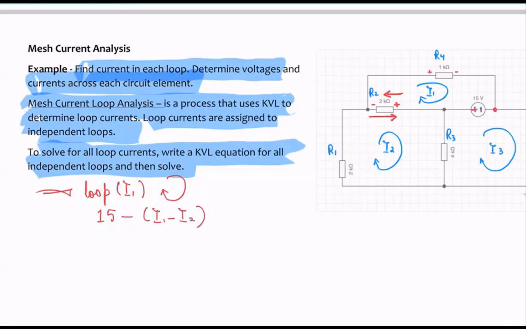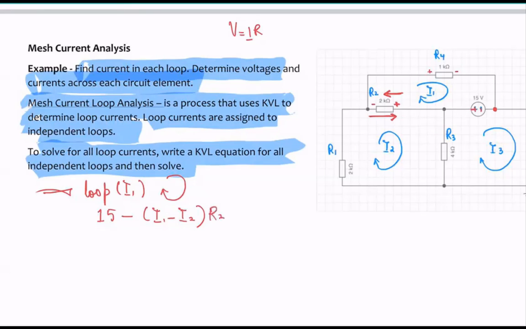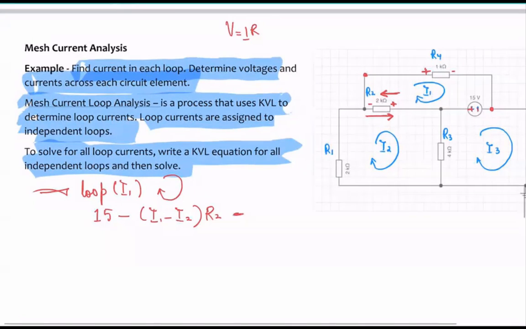Okay, and remember, the voltage is just basically IR, right? So I here is I1 minus I2, and then I have R2 over here. Okay, now I'm here now, and I'm gonna move on to this now. Again, we have plus to minus, so that means we are climbing down, so negative sign, and then current. What would be the current across this resistor now, folks?